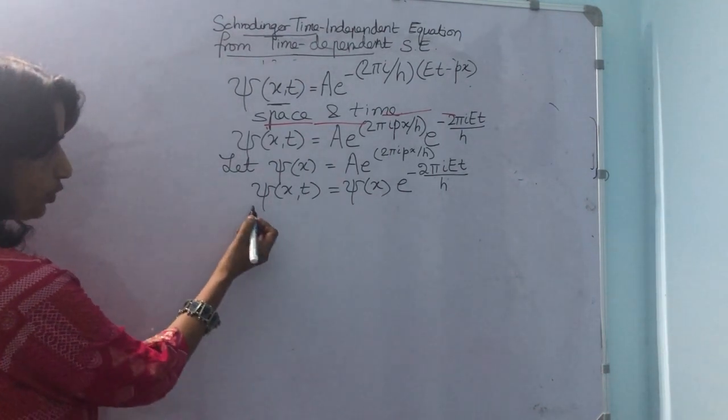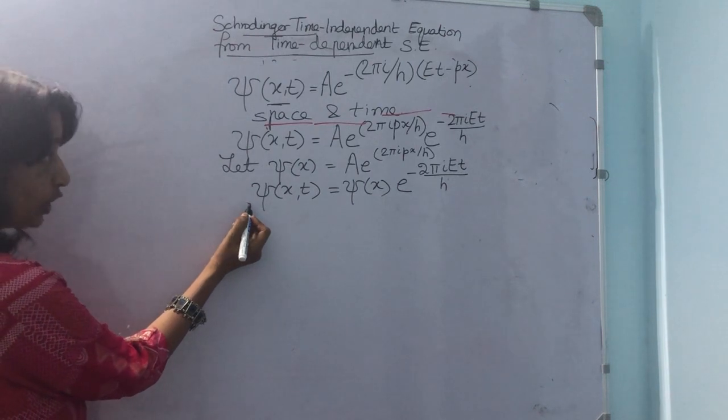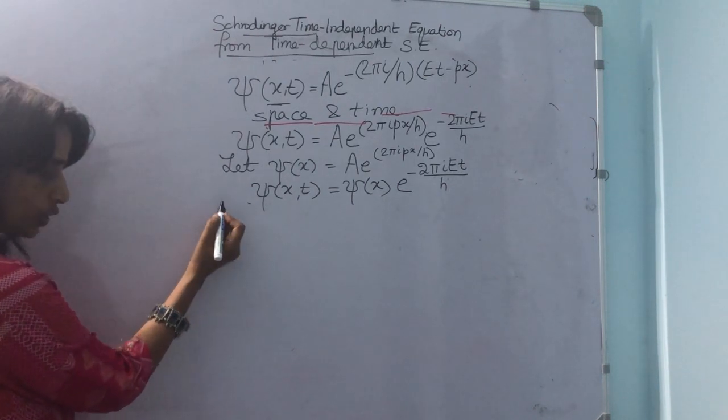So now we are going to differentiate this equation with respect to x twice.